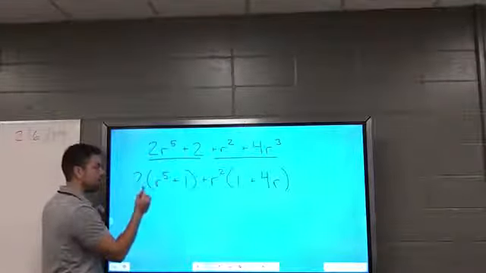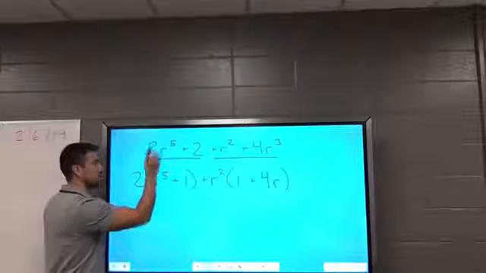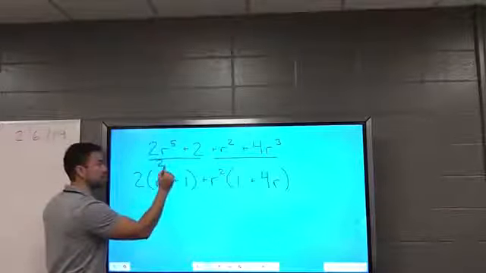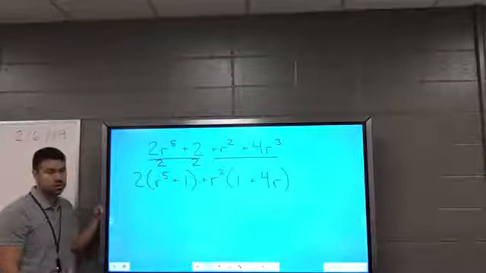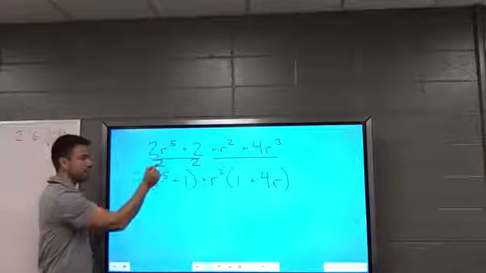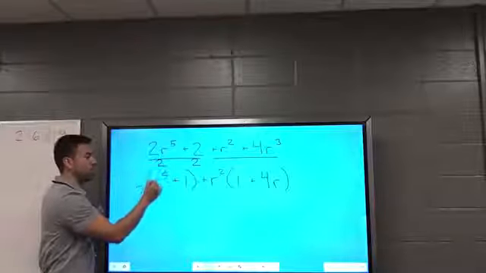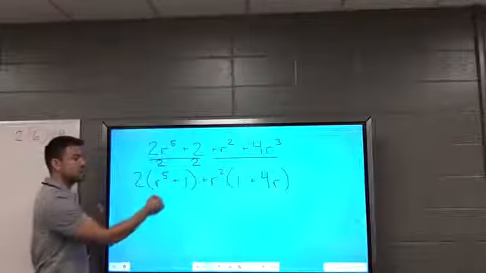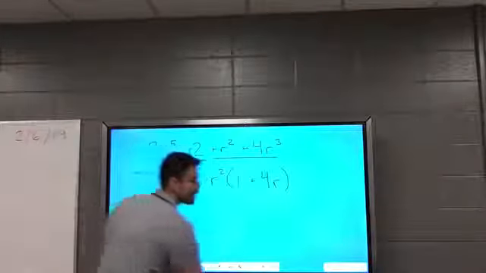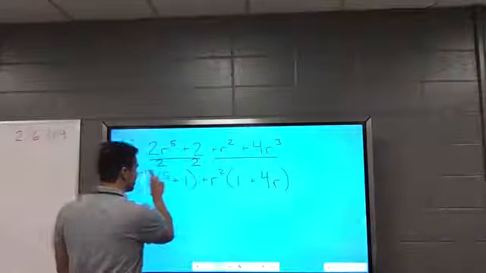So I put 2. And then how do I find this? You just do 2r to the 5th divided by 2, and then 2 divided by 2 to get these two numbers. What's 2r to the 5th divided by 2? 1r to the 5th. And what's 2 divided by 2? 1. That's how I get those numbers. Same thing over there. But this didn't work. It's not in standard form.